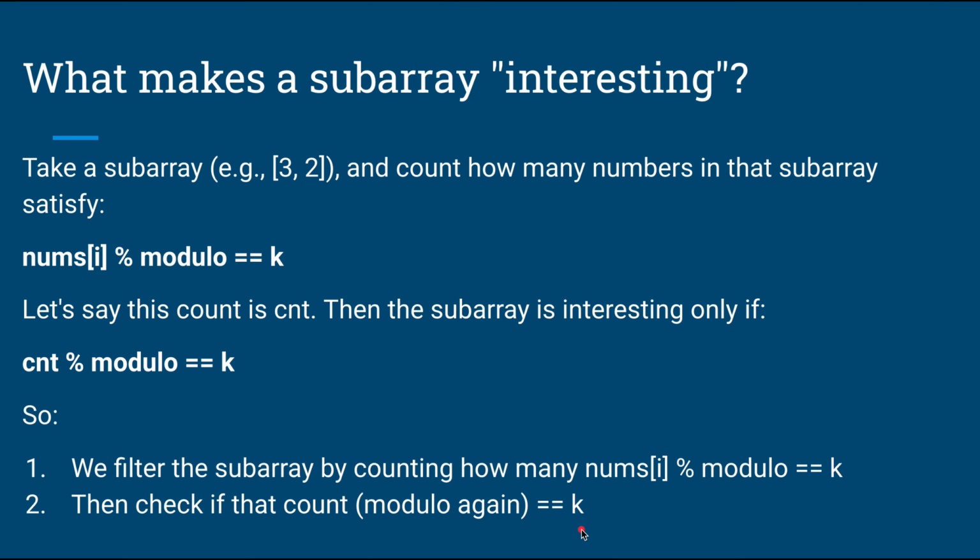That is what makes a subarray interesting. So an interesting subarray is one where the count of numbers such that nums at i modulo m equals k is itself congruent to k modulo m. Sounds tricky, right? So let's visualize it.